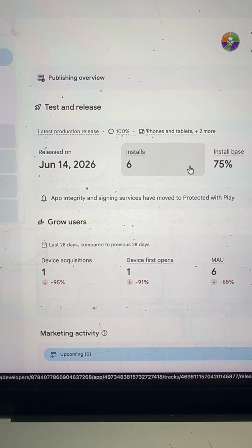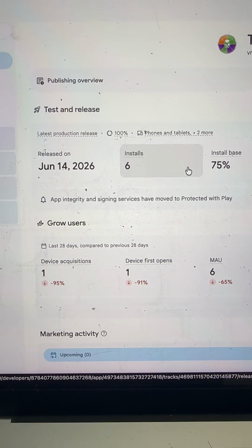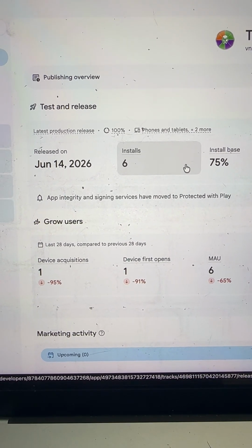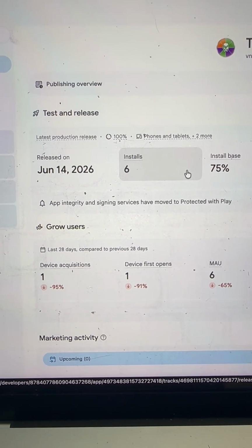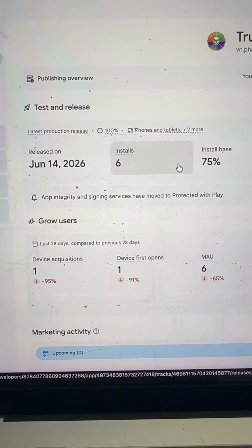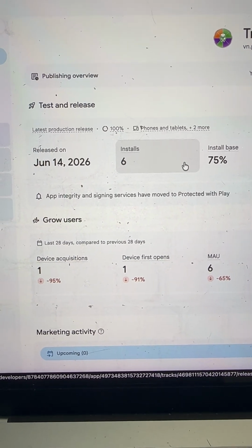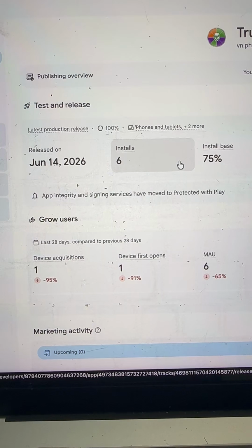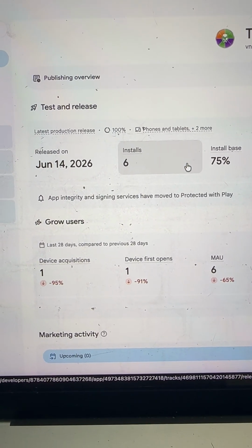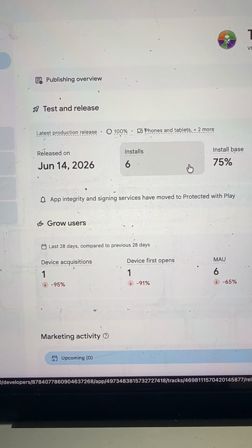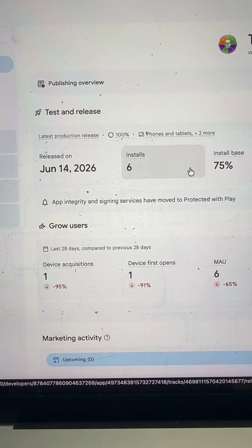Alright everyone, so we finished deploying our application on Android in the Play Store a couple of weeks ago. Just so you know, the deployment process is not that easy. It includes a lot of steps and a lot of surveys that you need to fill in before you submit your application to the Play Store.